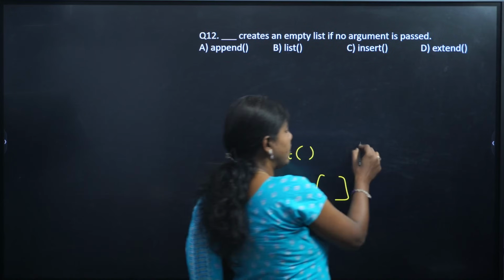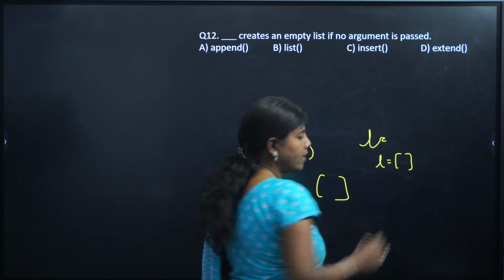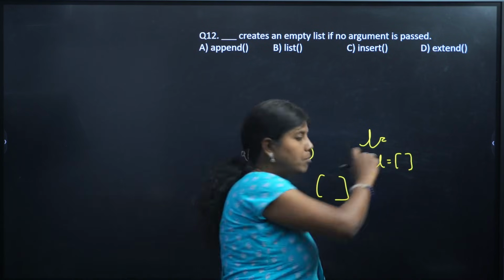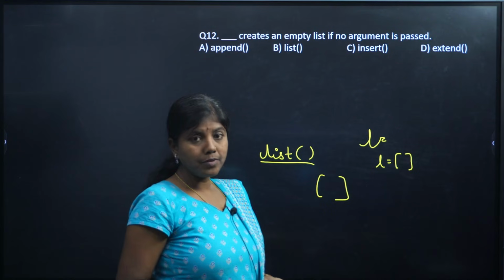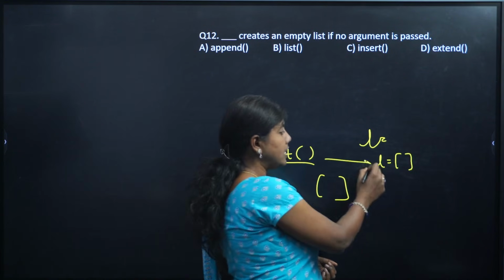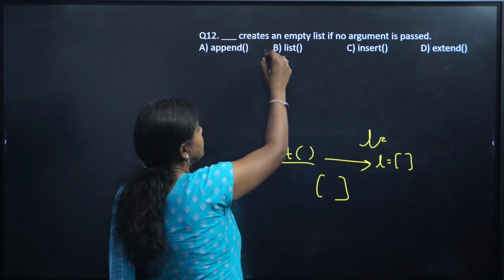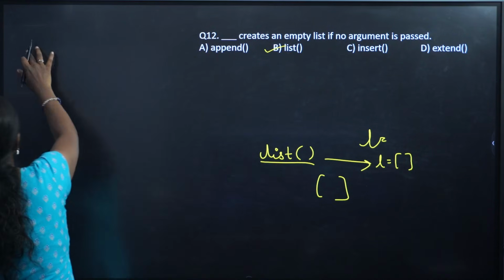Usually how do we create it? I'm going to create it like this, L = []. If I have to create an empty list apart from this, I can just use the list() function. So this is going to create an empty list. That means there are no elements, and you can append to it, that means add elements. Right, we'll go with the next question.